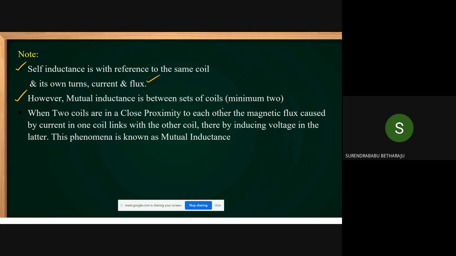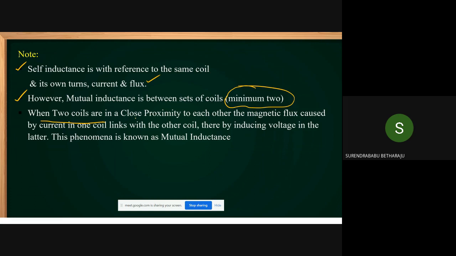If you want to define the mutual inductance, what is the minimum number of coils? Minimum two coils, but more than that also we can define mutual inductance. But there must be a minimum of two coils, then only we can define the mutual inductance. And the two coils must be mutually coupled, that is, magnetically coupled. Then we can define the mutual inductance.